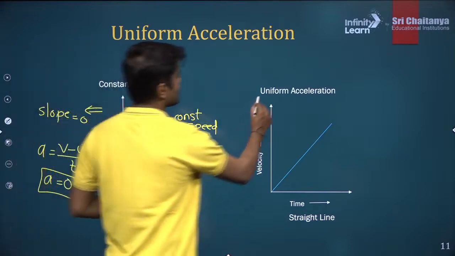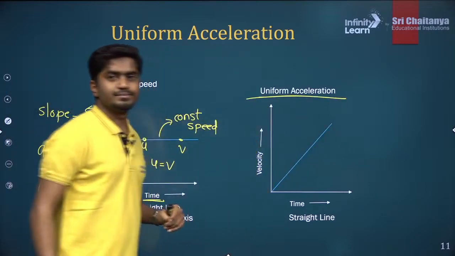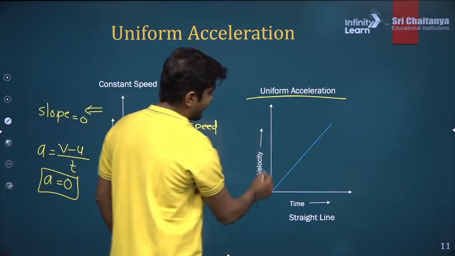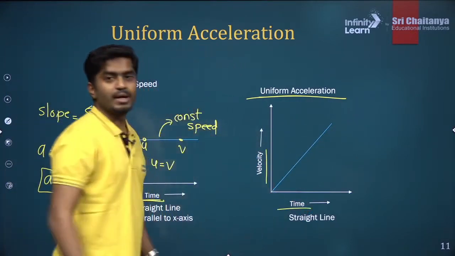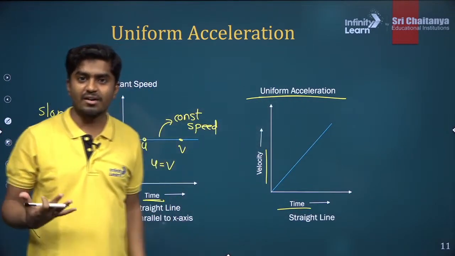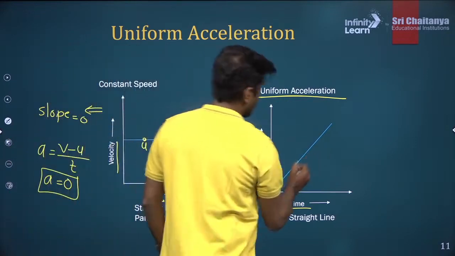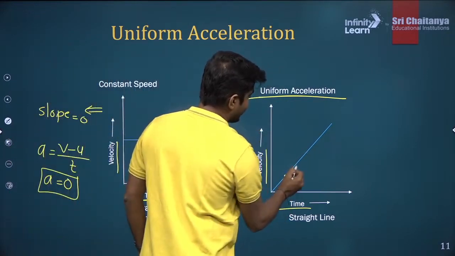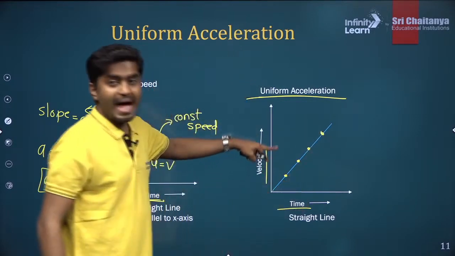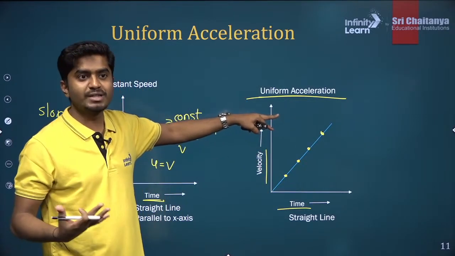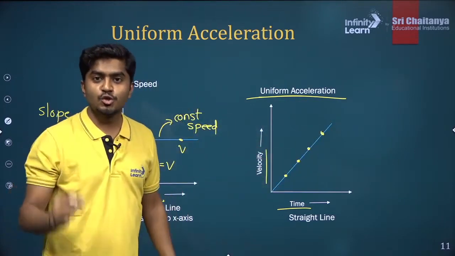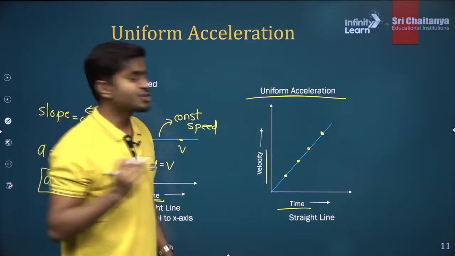Now another graph, there is a uniform acceleration. So what does it tell you here? Whenever you get a straight line in the velocity time graph, you can choose any 2, 3, any number of points, and you will find that the slope of the straight line is constant.